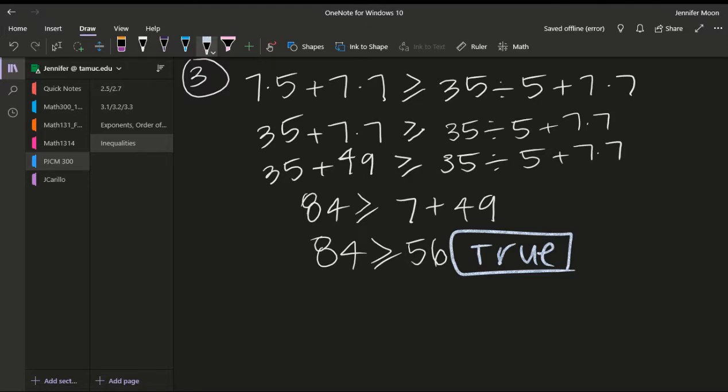Okay, so that actually is going to be it for 9.1. The previous video with the exponents in the order of operations, and now this inequalities. So just make sure with the inequalities you pay attention to everything else we learned. If there are exponents in your inequality, you would need to follow the order of operations, which means you would do those first.